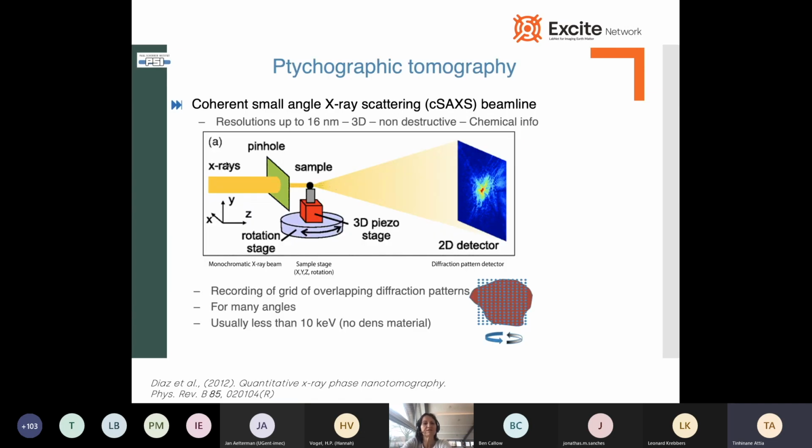And to conclude, yesterday there was a talk about dynamic imaging and clay behavior.